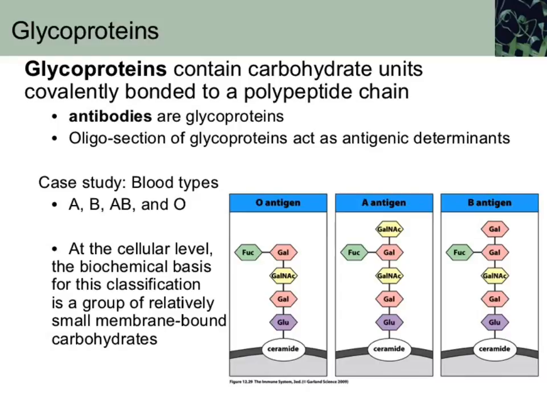So, well, how is that a big deal? Okay, well, are there things out in the world that get made that could potentially be dangerous to us? Well, if we didn't make them, we want to be able to mark it and say, hey, that's bad. Get that out of here. Okay? We can do that with our blood. Our blood has varying types. We have O, A, and B. What are those in reference to?